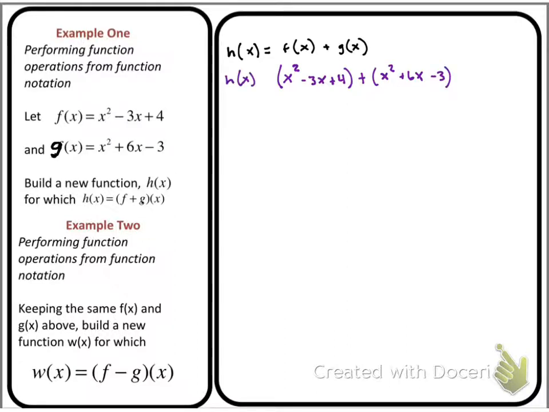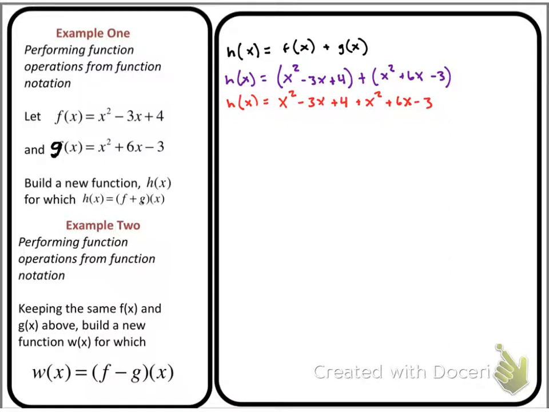And this stays the same, h of x. That's what we're going to name our new function. So we can go ahead and rewrite this. We don't need the parentheses there. It's up to you whether you want to just scratch it or rewrite it. X squared minus 3x plus 4 plus x squared plus 6x minus 3. Right, because we're adding two parentheses together, and we've done this before as well, you don't need these parentheses here.